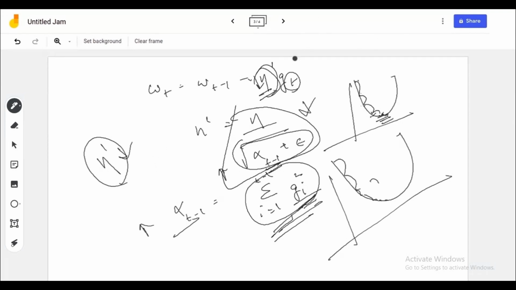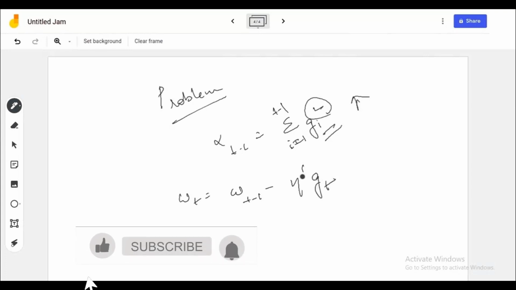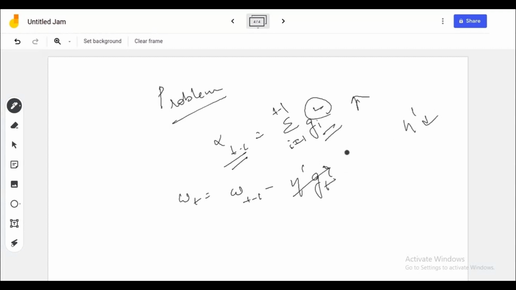So let us say this was our equation. If this increases very quickly, eta dash will decrease very quickly. There might be a point of time where eta dash comes close to 0 because it keeps on decreasing very fast and becomes very low.